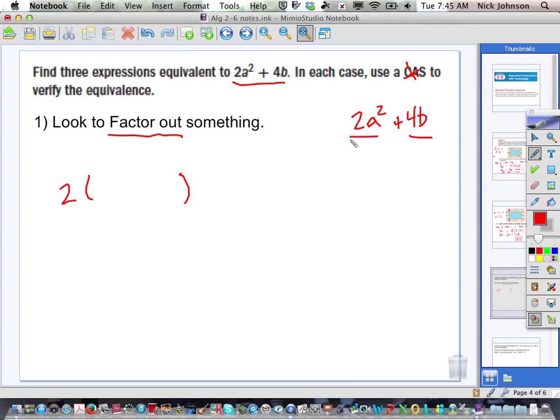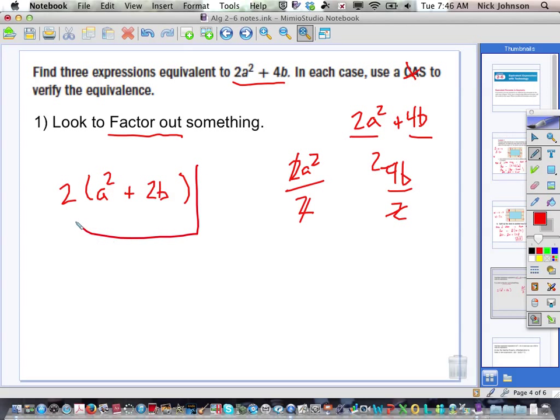If I take a 2 out of 2a squared, I'm left with just a squared. 4b, if I take out a 2, I'm left with 2b, and the sign in the middle is plus.